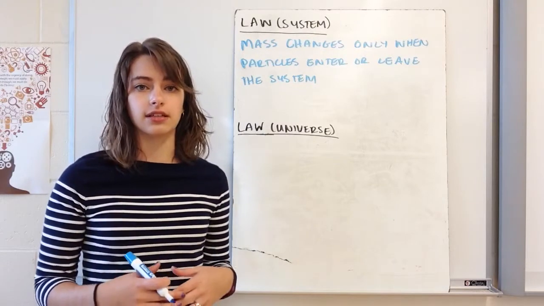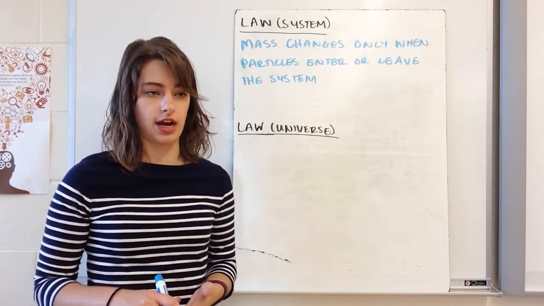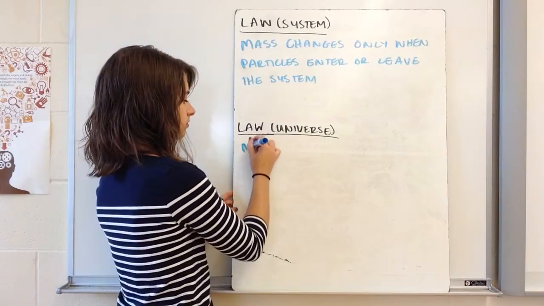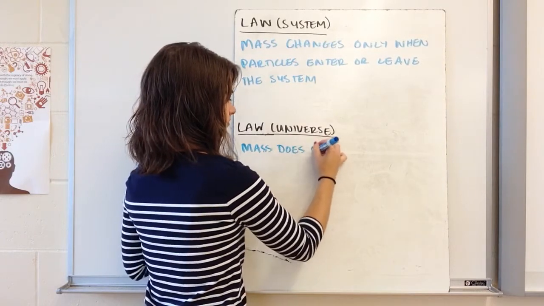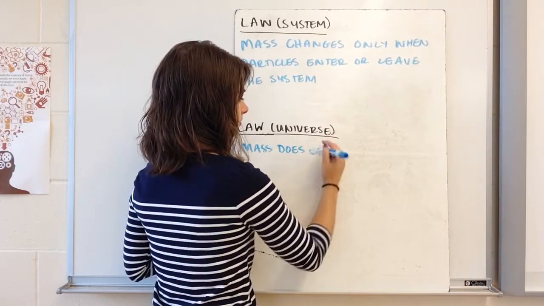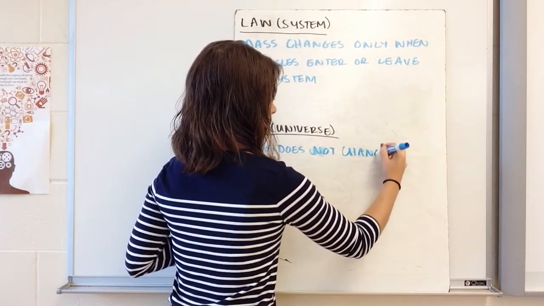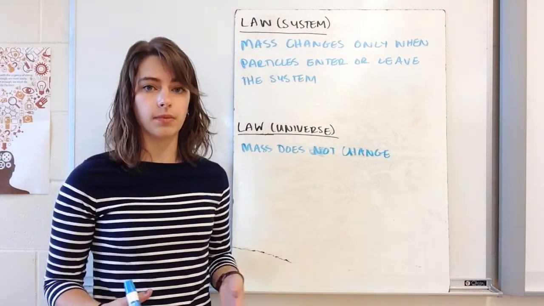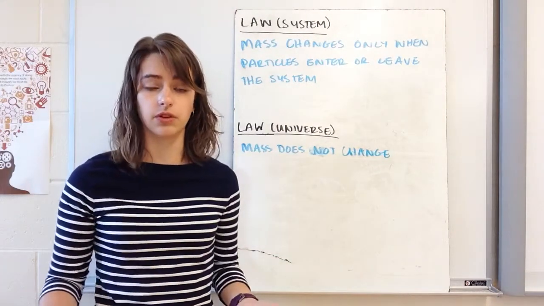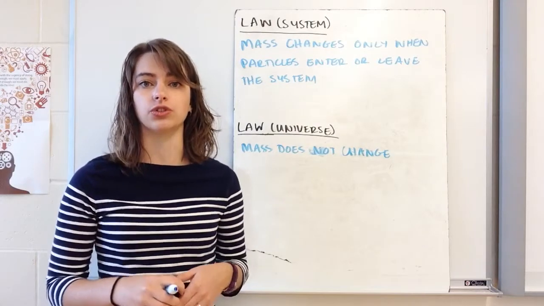If we think about this on the scale of the universe, mass is never going to change. And this ties into probably the law of conservation of mass that we've heard before, which is matter cannot be created or destroyed.